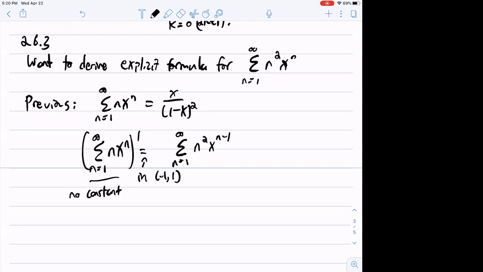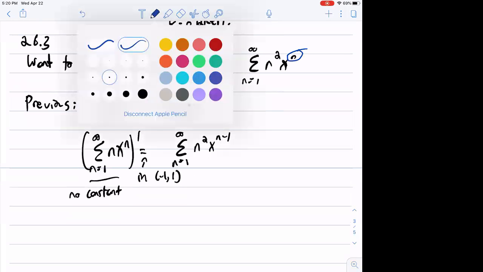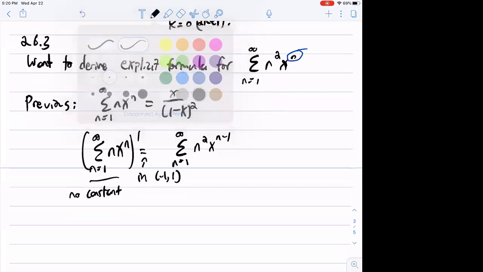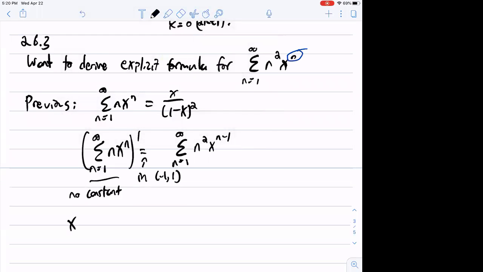Okay, so we're almost there. We have x to the n minus 1, and the problem wants x to the n, right? So what we should do is multiply by x. So I know x times the sum is this thing, which is what we want.